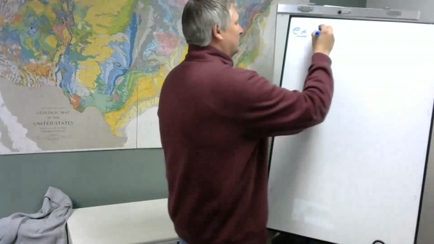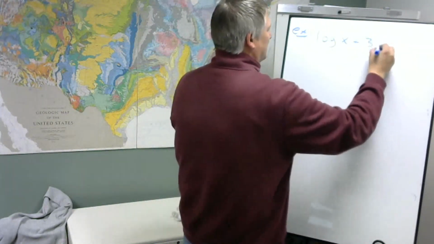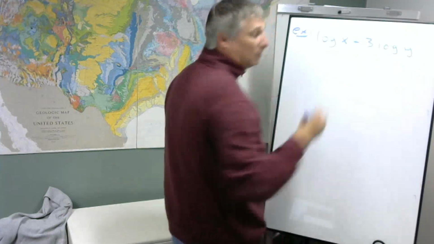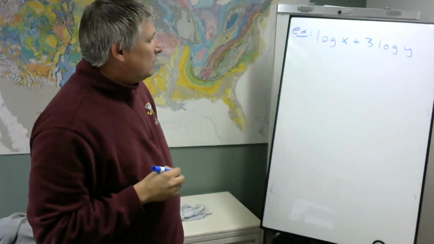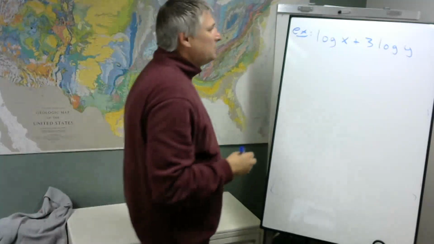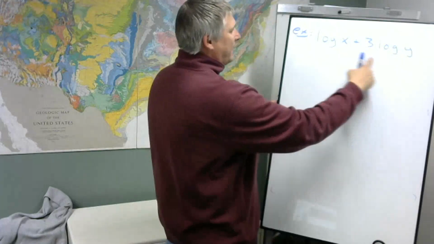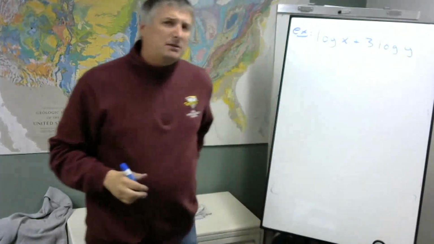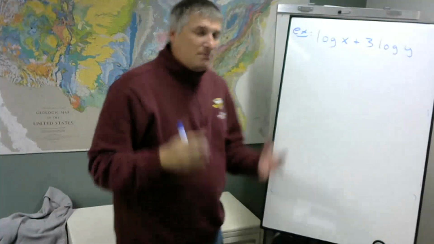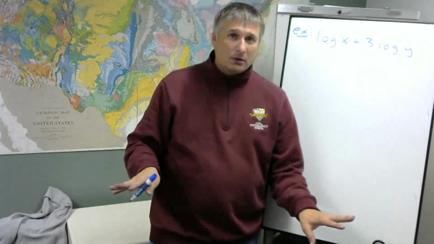So let's say we have log x plus 3 log y. Well, in this case, we have a sum of logs, and they have the same base. So another thing I need to mention with these properties, they must have the same base to work. If you have different bases, they're not going to work.